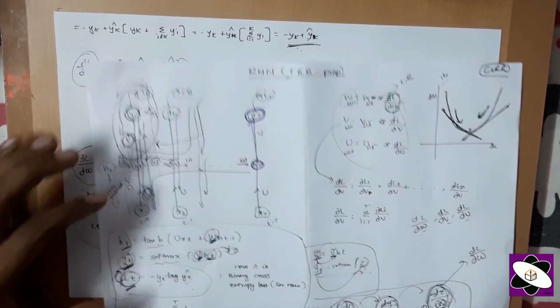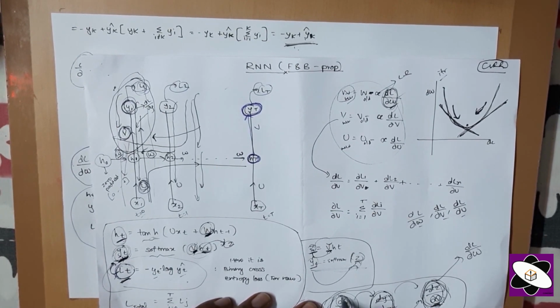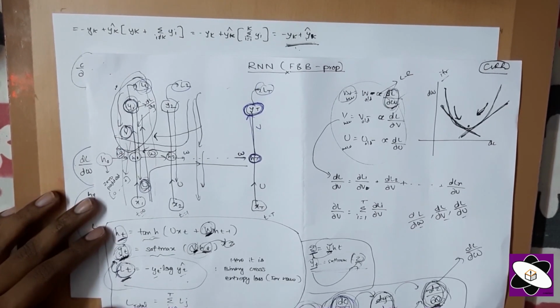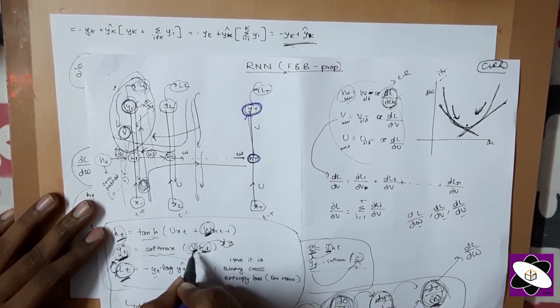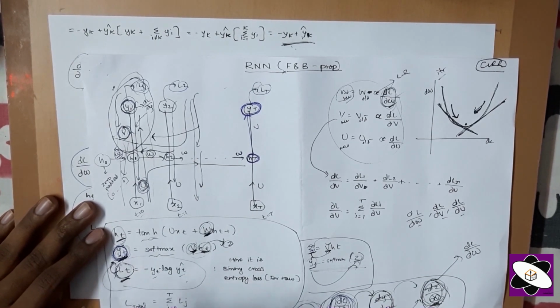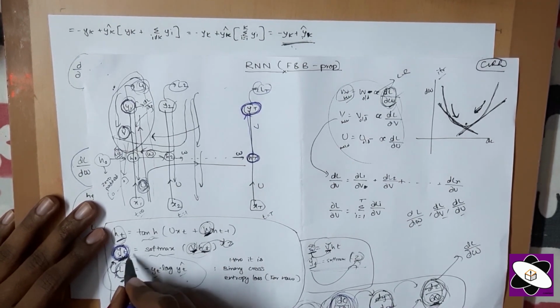So whatever the loss, the derivative dL by dyt hat we have calculated, that should be propagated to W, because V is independent. So whatever changes we are making, these things have changed. So this change, dL by dyt, should be back propagated to the previous things from where it came.